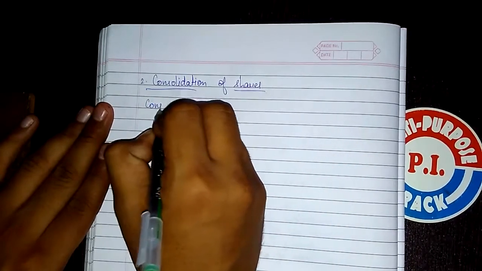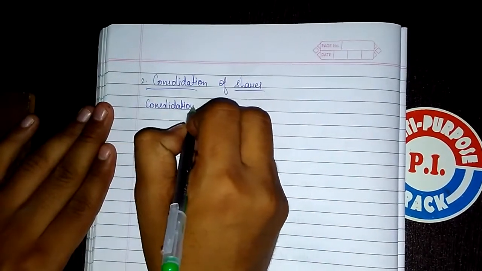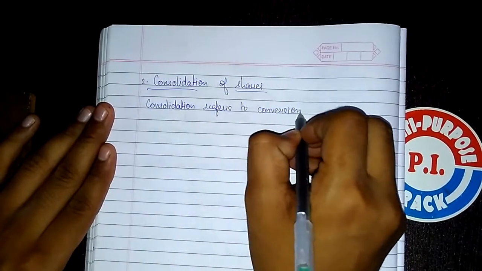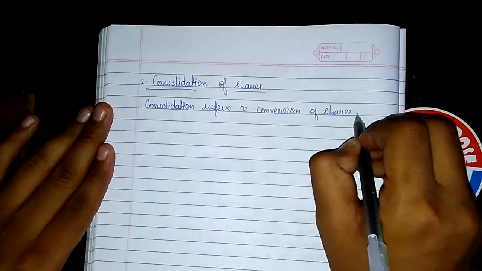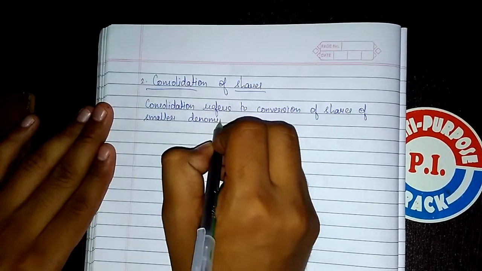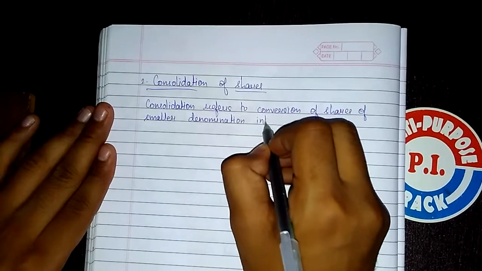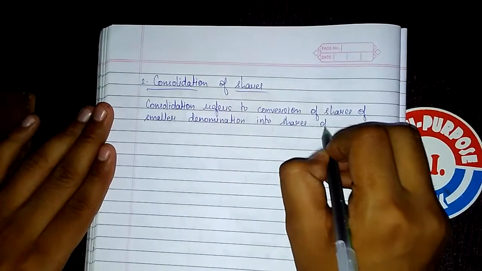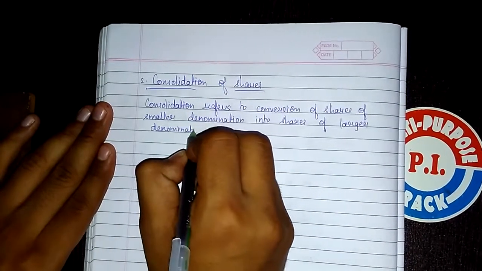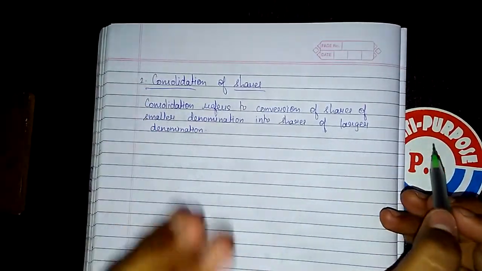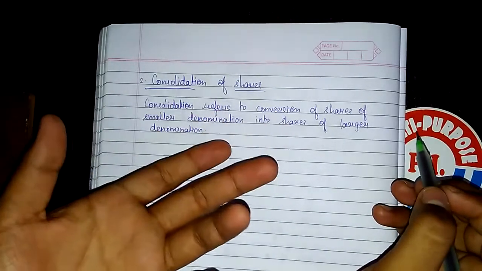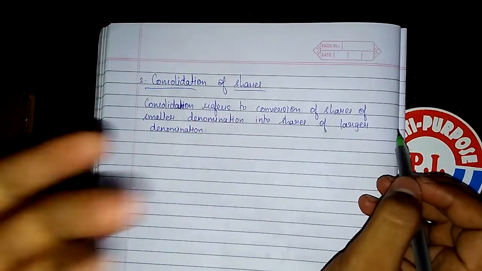Okay, consolidation refers to conversion of shares of smaller denomination into shares of larger denominations. This can be done only if there is a provision in the AOA, that is Articles of Association. If it is not there, you can amend it by passing a special resolution that you will study in your law.